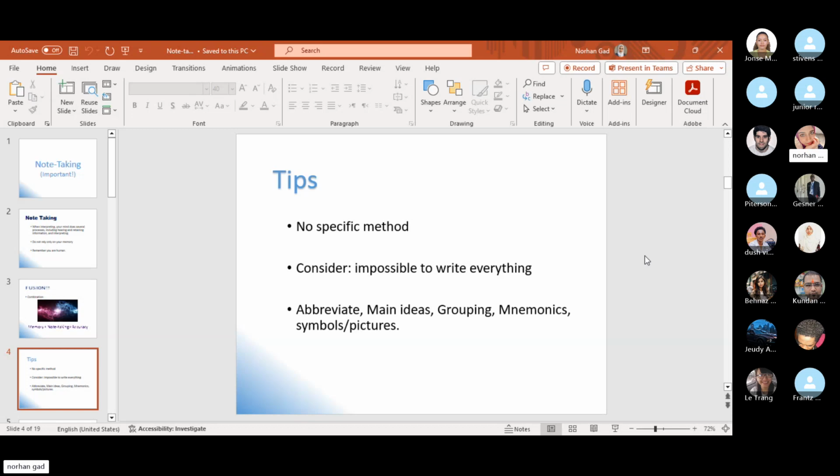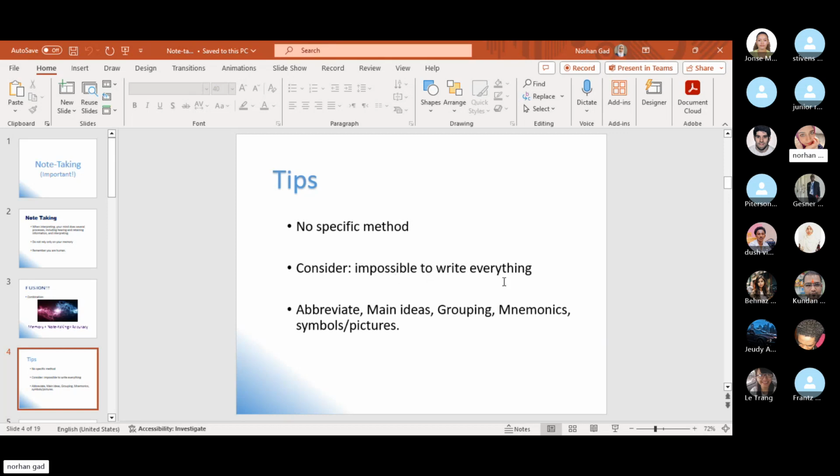That's why you have to select the keywords that you're going to have in your notes. You're not going to write everything down. We're going to get to that part later, but this is something I want you to please always consider. It is very important.